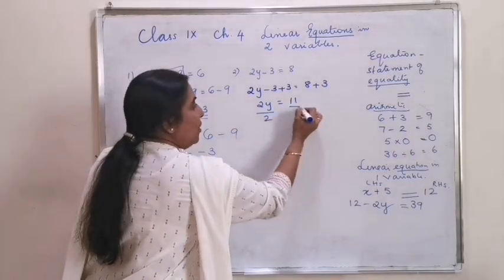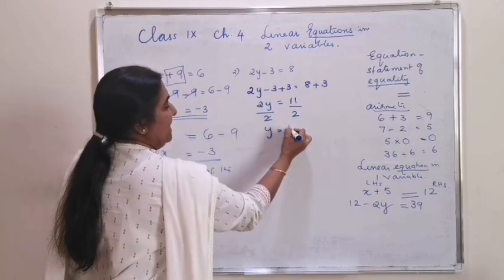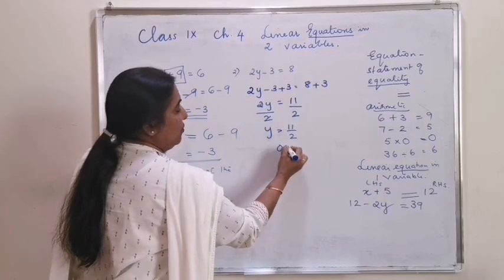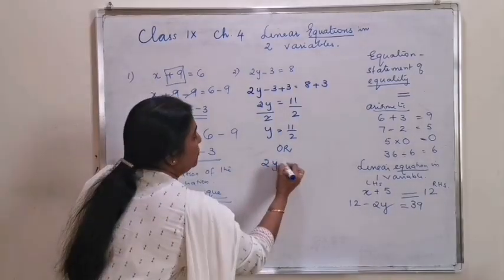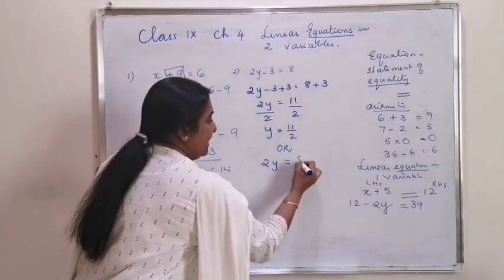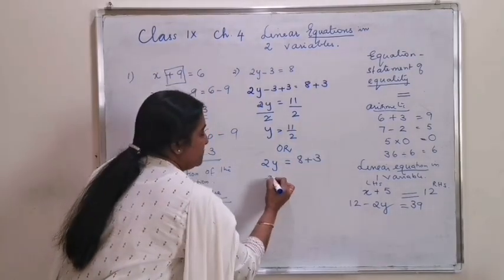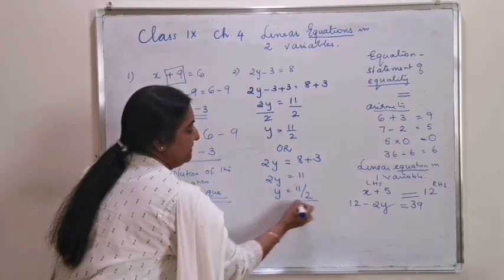Dividing by 2 on both sides, the y value becomes 11 by 2. Or by the transposition method, 2y is equal to, keeping the variable on one side, 8 plus 3. 2y is equal to 11, or the y value is 11 by 2.